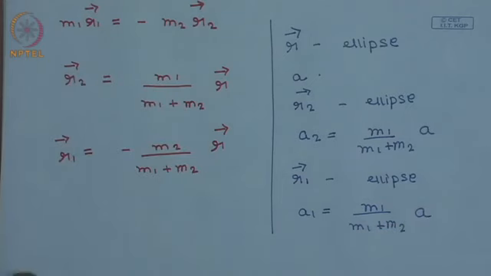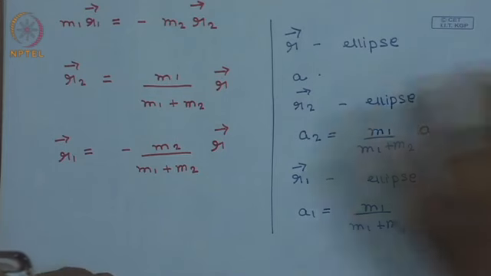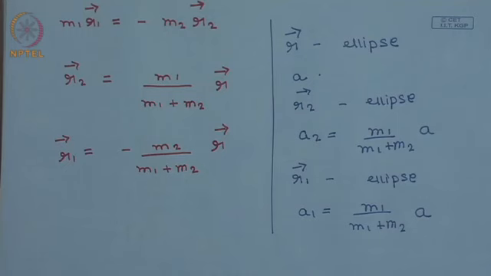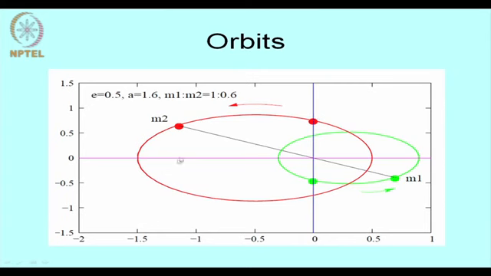So, let me now show you an example of what the orbit looks like. This picture on the computer screen shows you the motion of two objects which are moving in each other's gravitational field, and the ratio of the masses M1 is to M2.